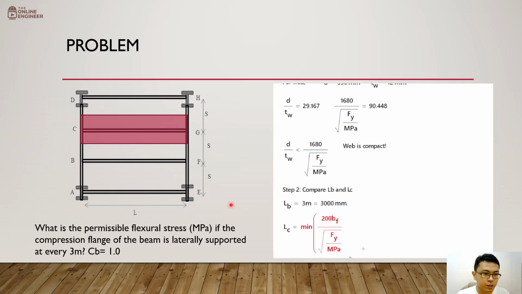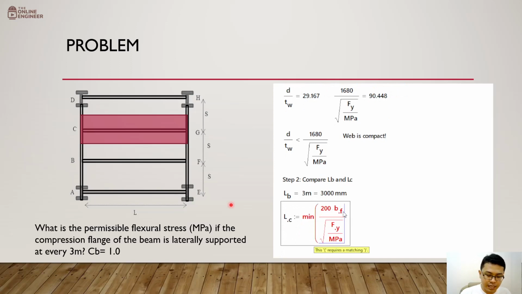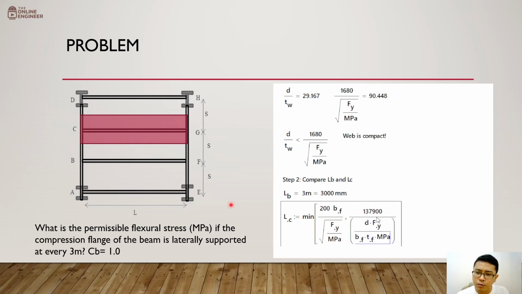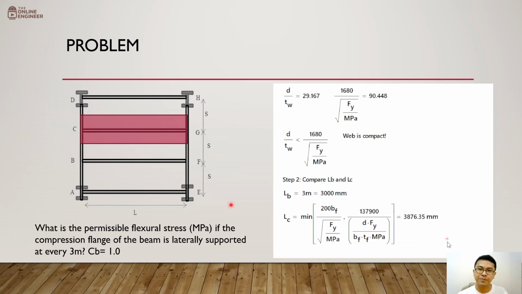Once again, I'm just adding the megapascal over here in the denominator so that I will cancel out the units. I would like to have the entire thing expressed in millimeters. And the next is 137,900 divided by D times Fy over, we have Bf times Tf. And once again, just to eliminate that unit for Fy, I'm going to add megapascal over here. This will now give us our LC.